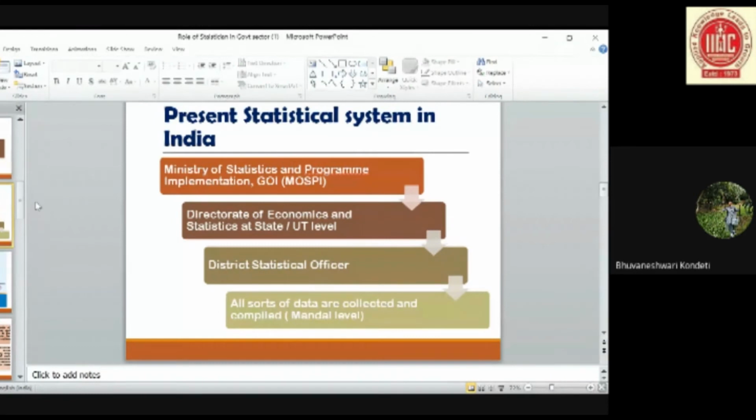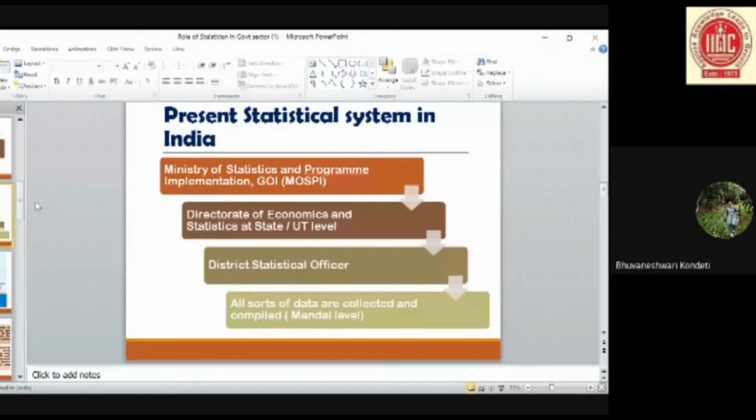To conduct any survey, first they have to design it, and also focus on the quality of the data through proper supervision and using the standard statistical techniques.